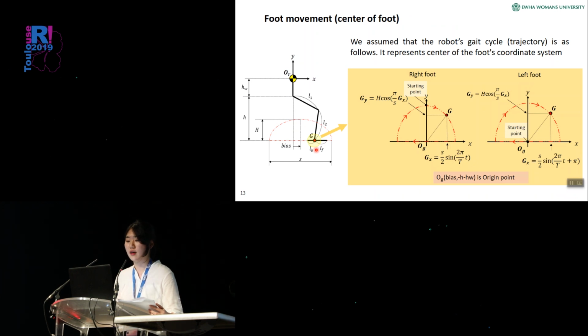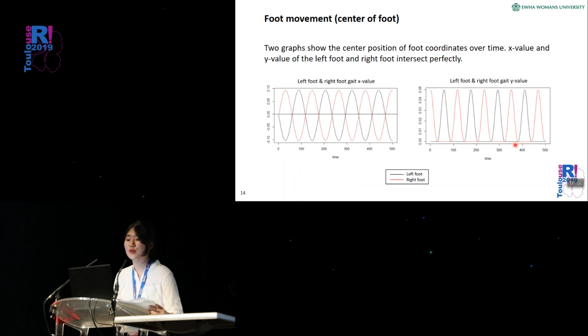Assume robot gait cycle is as follows. Right foot move like this, and left foot move like this. Two graphs show the center position of foot coordinate over time. X value and Y value of left foot and right foot intersect perfectly.